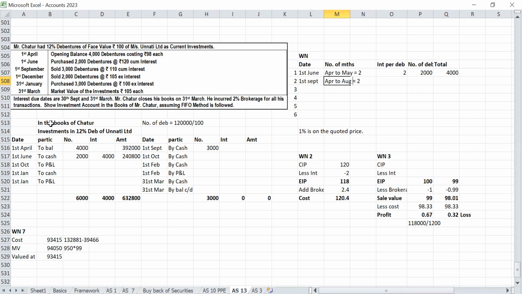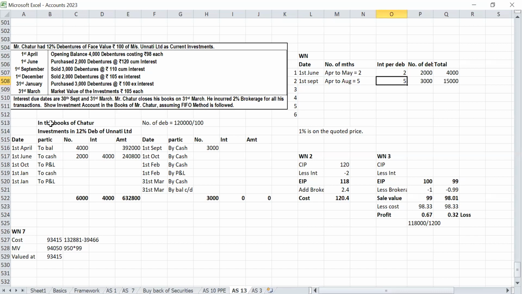April to August, wait a minute. Last August payment date April தானே? ஜூன் எங்க இருந்து வந்தது? April to August: April, May, June, July, August, 5 months. Yes, 5 months sir. It's 6,000 sir. Sorry, 15,000.